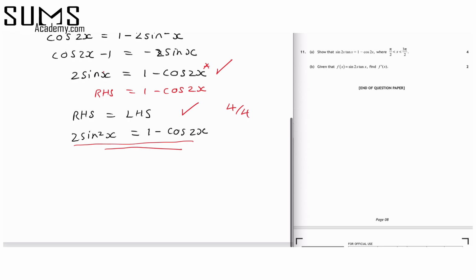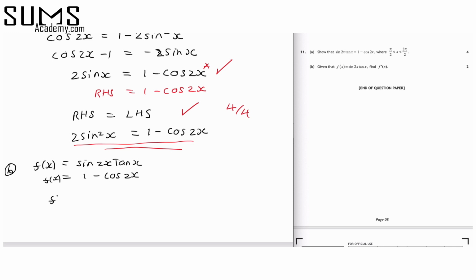What they're looking for you to do here is to use your result from part A, because this would be quite hard to differentiate, but we know that it's equal to 1 minus cos 2x, which is quite simple to differentiate. So f of x is equal to 1 minus cos 2x.